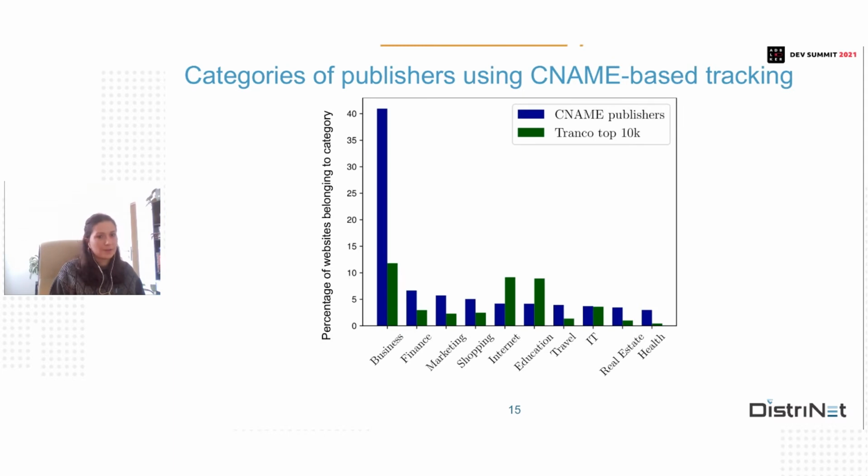We also examined the categories of the publisher websites that use CNAME-based tracking. As a baseline, we take the distribution of categories of the Tranco top 10,000 most visited websites. And here we also see that the CNAME-based publishers are very biased towards business websites, which could explain their incentive to monetize the content of users.